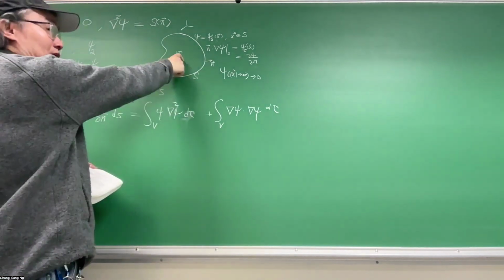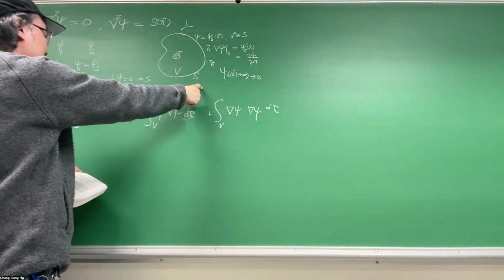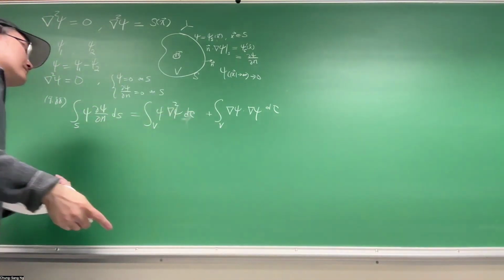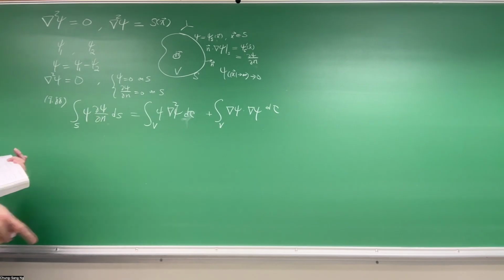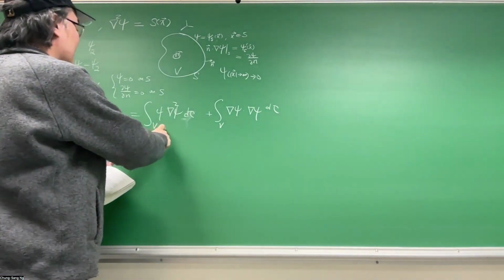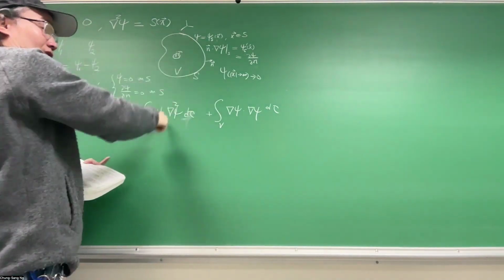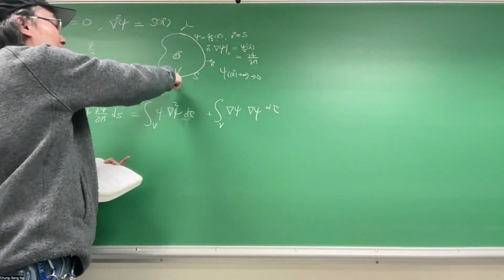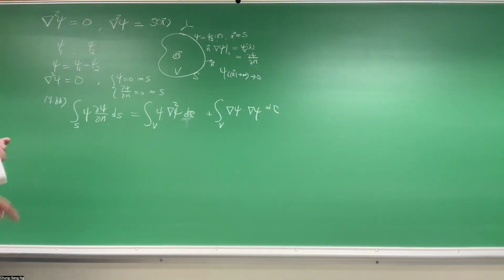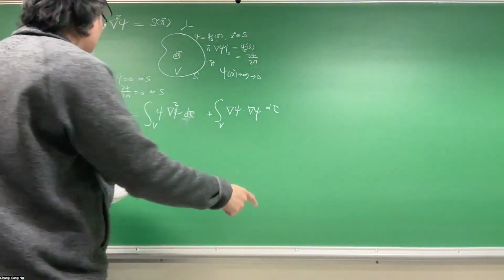This can apply to the interior problem or the exterior problem. It probably will change the sign of n, but it doesn't matter. For the interior problem, it's obviously the same V. For the exterior problem, it's the V outside this volume all the way to infinity, including the boundary condition at infinity. Okay, so that's the Green theorem.